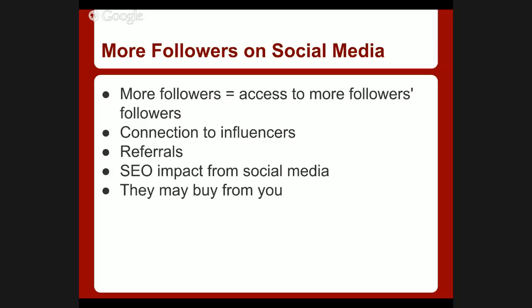Then there's the SEO impact from social media. This has just been growing year after year for the last several years. Search engine optimization is incredibly important. We all know this. Content marketing helps search engine optimization by constantly delivering good quality content that search engines love.